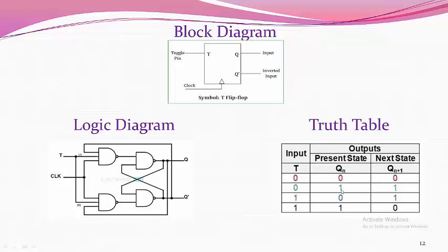When Q is equal to value 1, then the flip-flop is in set state, and when Q has value 0, the toggle flip-flop is in reset state. This is all about toggle flip-flop.